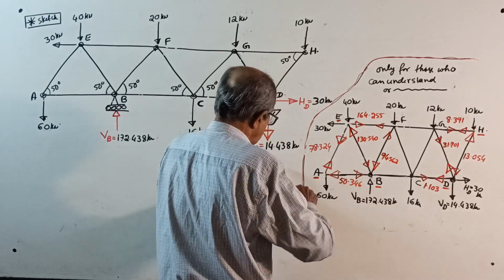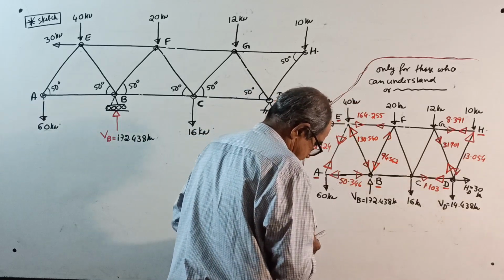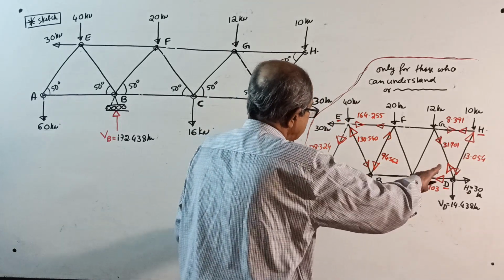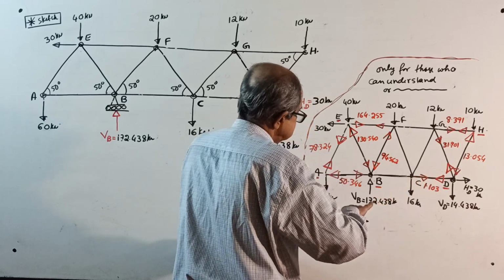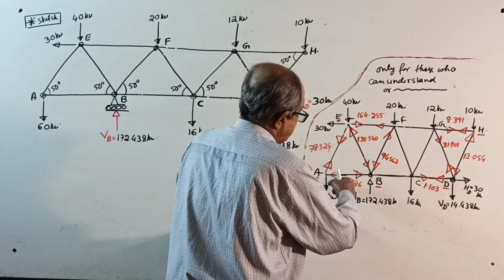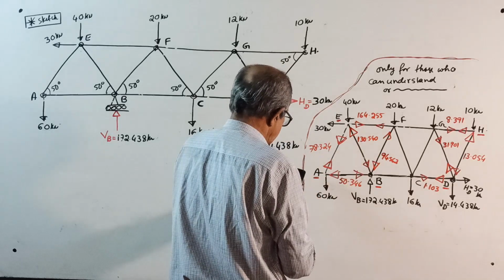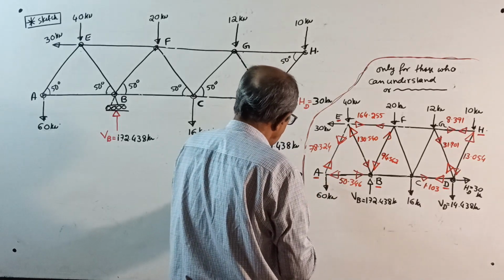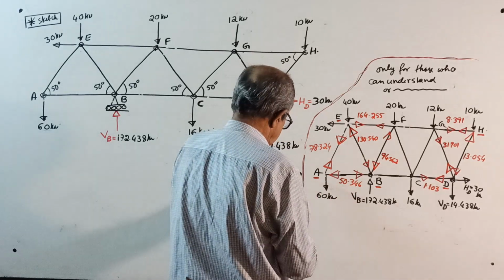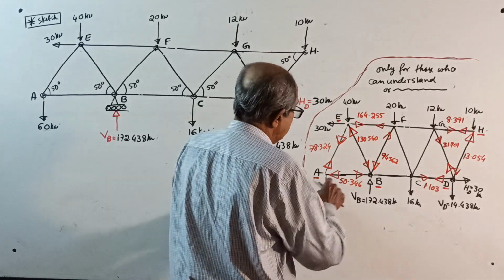One minute, this is left. 130.54 into cos 50, then plus 50.346, gives 134 point something.